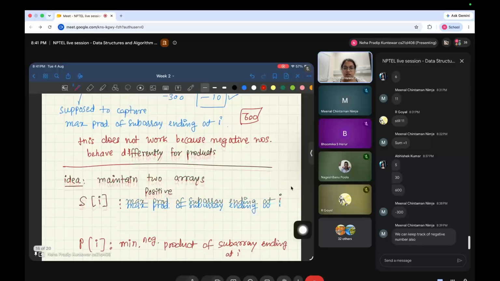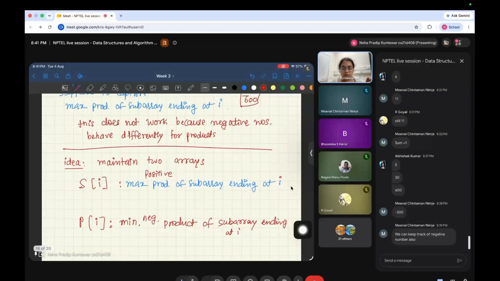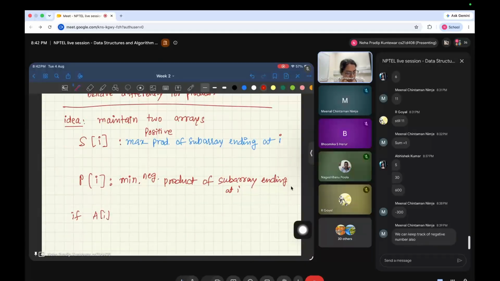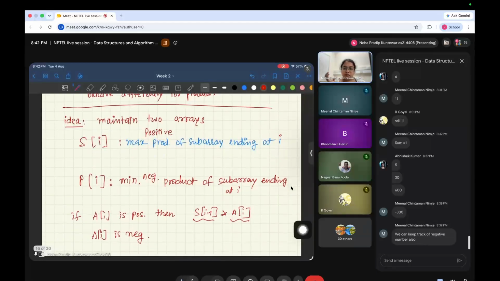If we do this, I hope the intuition is clear to everyone. If the current integer I have is positive, then the maximum value will be S of I minus 1 times A of I, because this was positive and this is positive, so the net positive term will be this. And if A of I is negative, then I want to keep the minimum negative term.